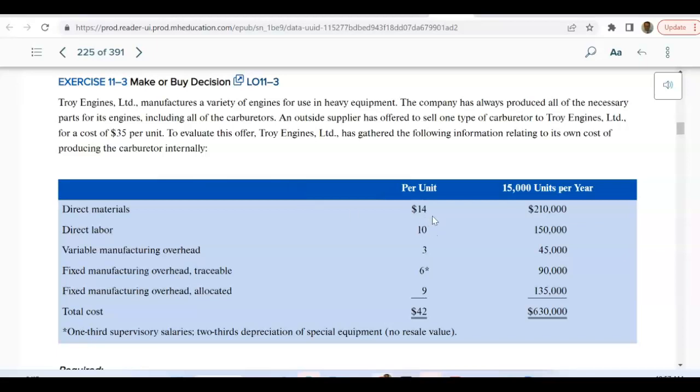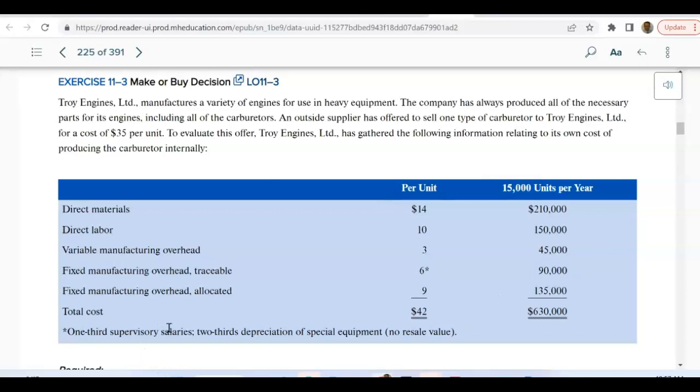So they have direct material cost of $14, labor of $10, variable manufacturing overhead of $3, fixed manufacturing overhead traceable is $6, fixed manufacturing overhead allocated is $9. Again, allocated, that means that $9 will happen no matter what. The cost is $42 for the company, and they need 15,000 units per year.